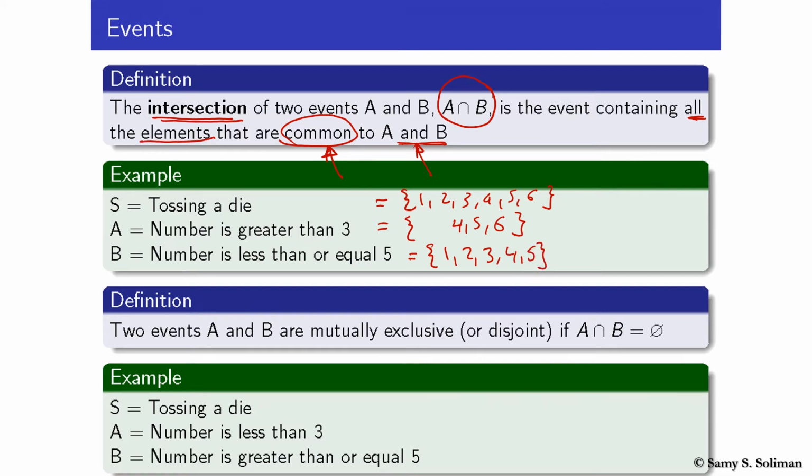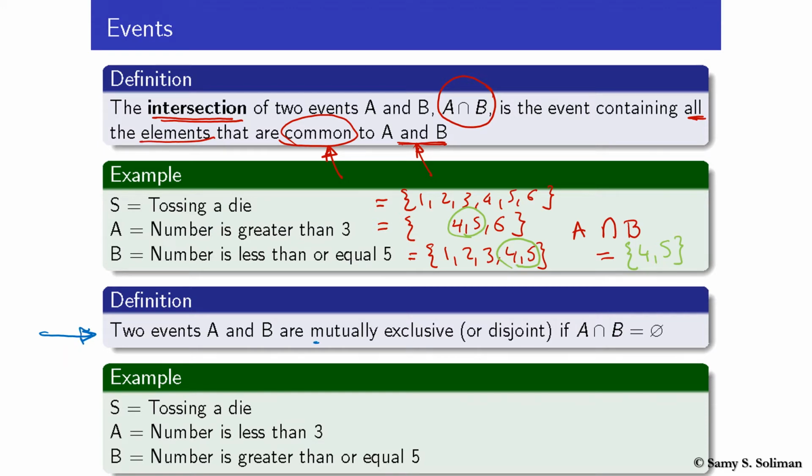Now, if we consider the intersection of the two events A and B, that will be the elements common to A and B, which obviously are 4 and 5, because 4 and 5 exist in both A and B. So this is the set of the intersection. In case the intersection includes no elements, we consider that the two events are mutually exclusive.